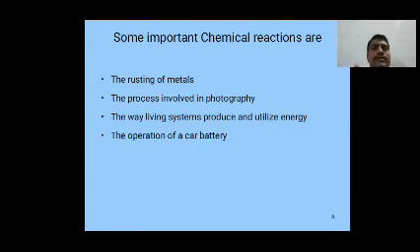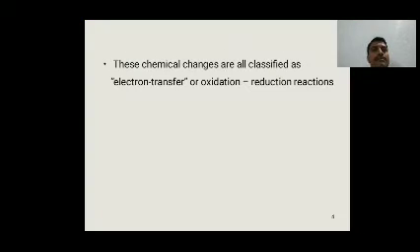The operation of car batteries. This battery is also a cell. The cells use many chemical compounds. Those compounds convert chemical energy into electrical energy. These chemical changes are all classified as electron transfer, or oxidation and reduction reactions.